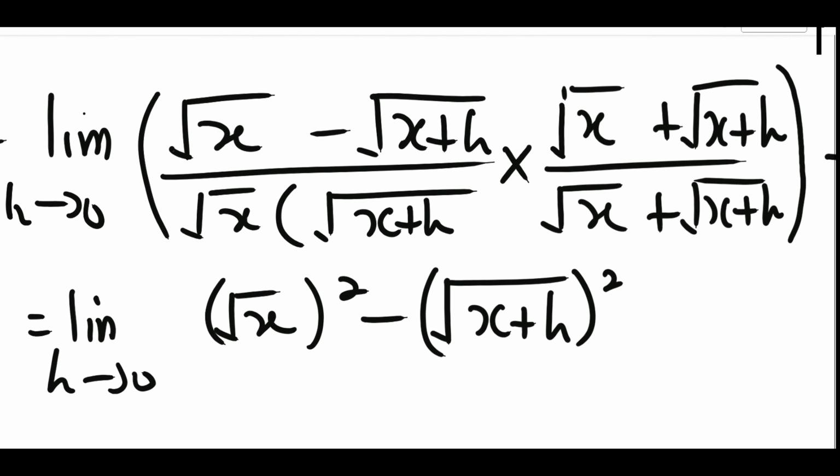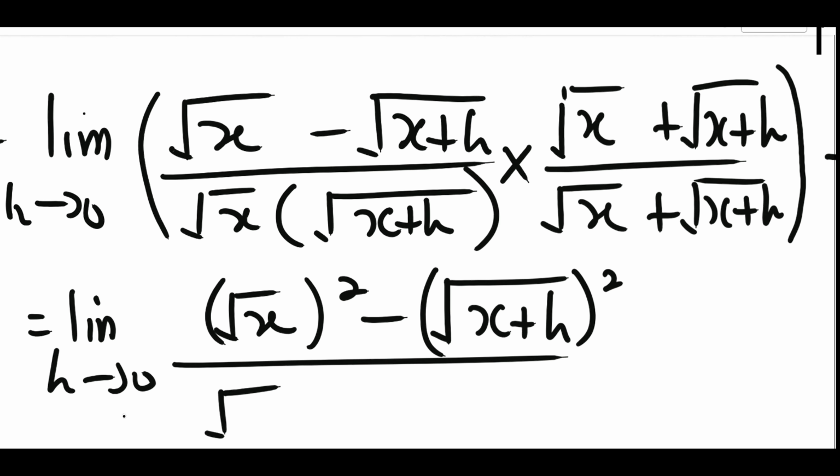So the first term squared minus the square of the second term, all divided by, so we multiply the denominators as well. So we have square root of x multiplying square root of x, plus h multiplying square root of x. So the square root of x times the square root of x will give us x.